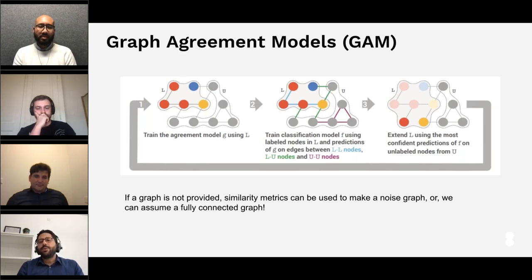And out of doing this job, you extend L, growing your label set by adding the most confident predictions. Now, what is very interesting is that the paper states that you don't even need the graph provided. You can either use similarity metrics to simulate a graph, which would be a noisy graph, or you can even assume a fully connected graph, where each data point is connected to all other data points.